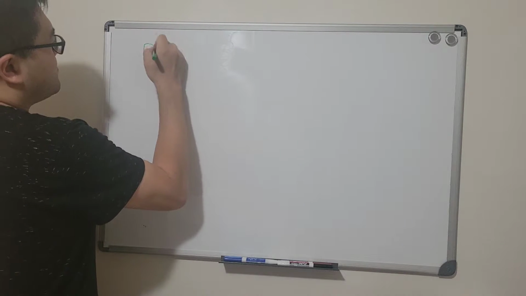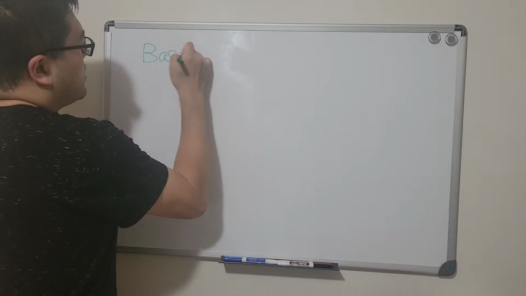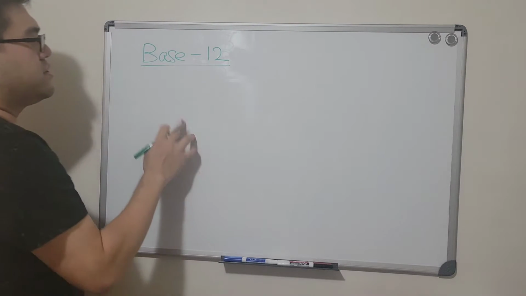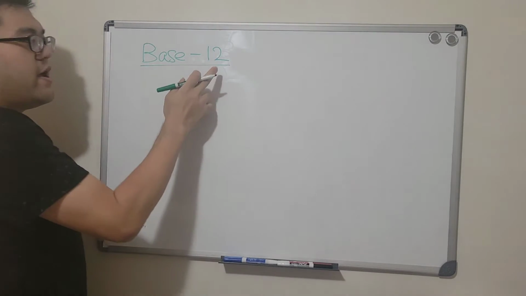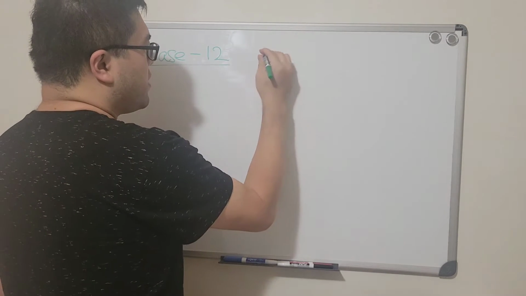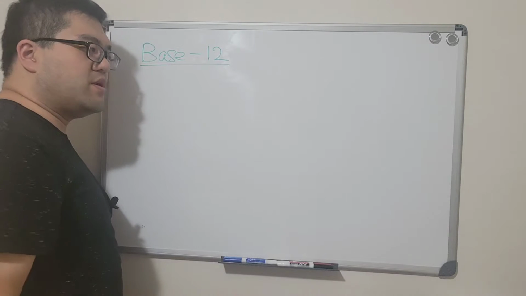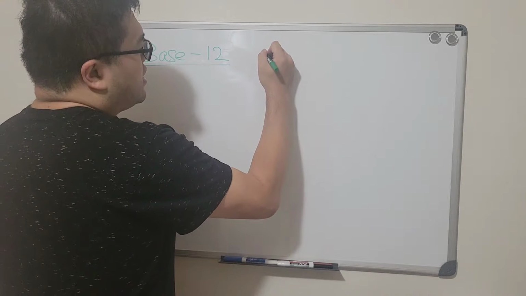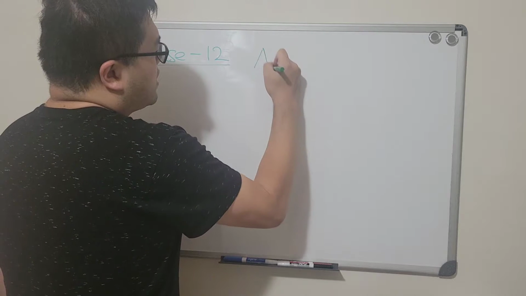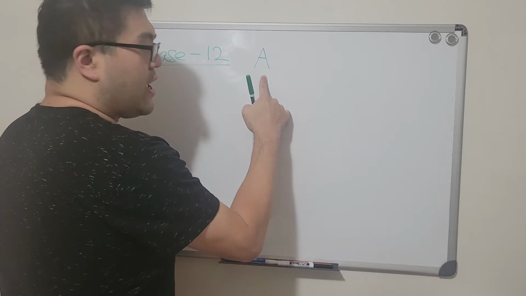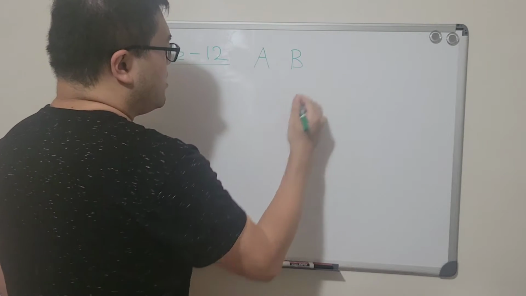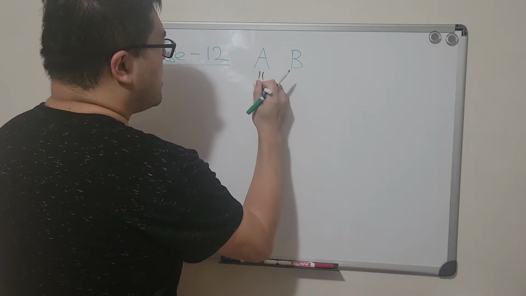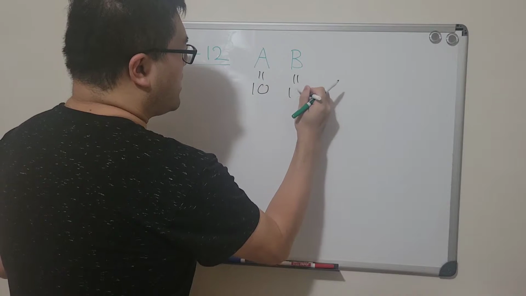For instance, let's say we're calculating numbers in base 12. In base 12, how are we going to represent the numbers 10 and 11? Most of the time, we will see people using capital letters A and B to represent 10 and 11.